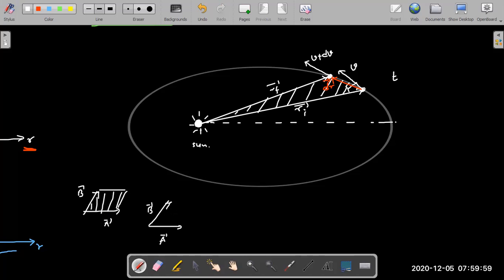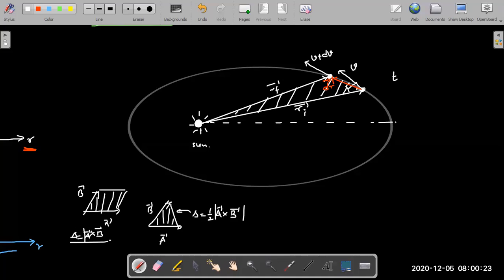So the area of the triangle, delta, will be equal to half A bar cross B bar. Clear? This is for the triangle, and for the parallelogram, that was A bar cross B bar.